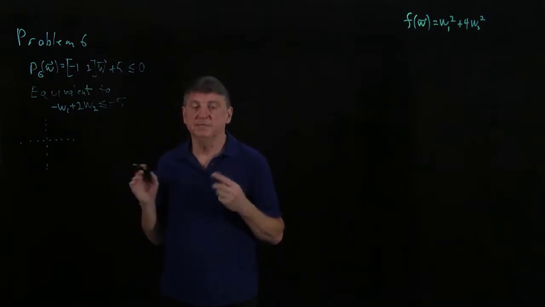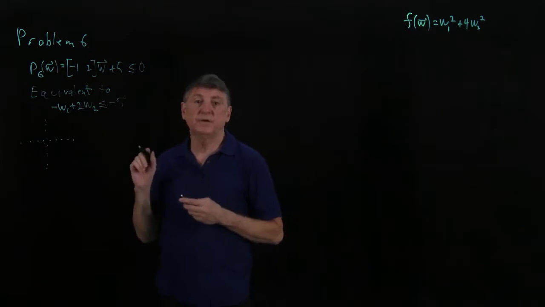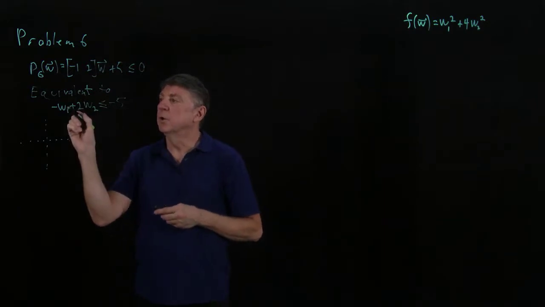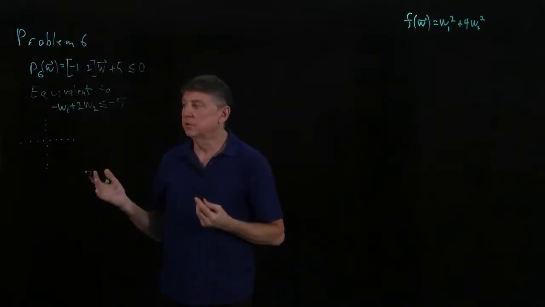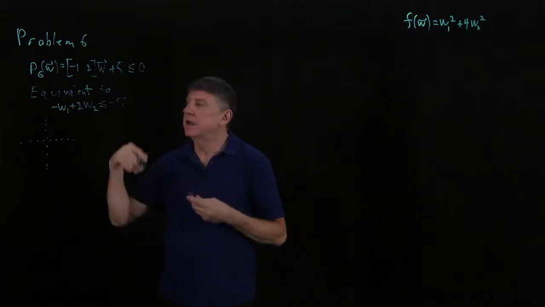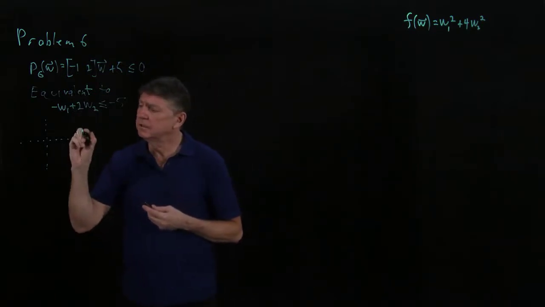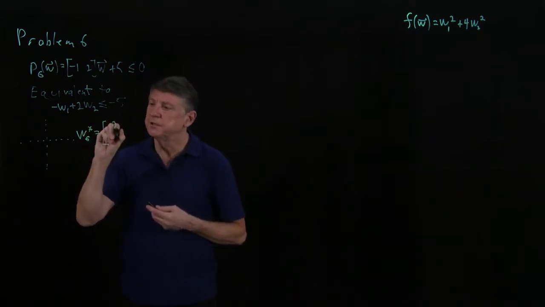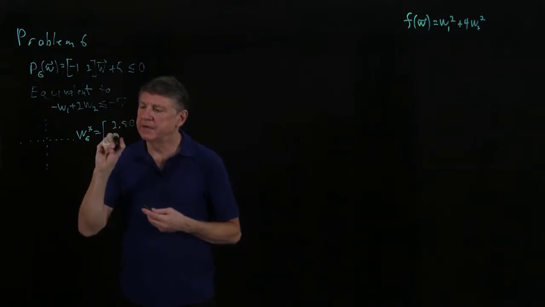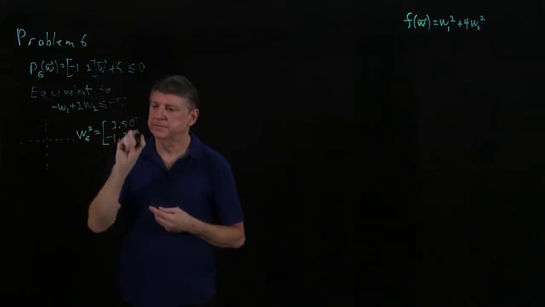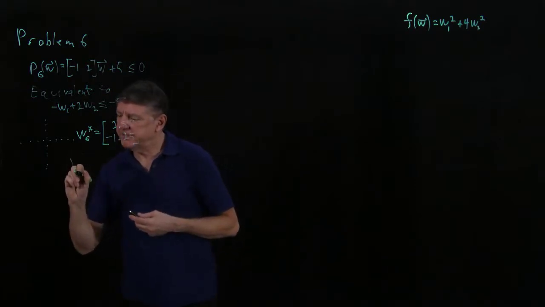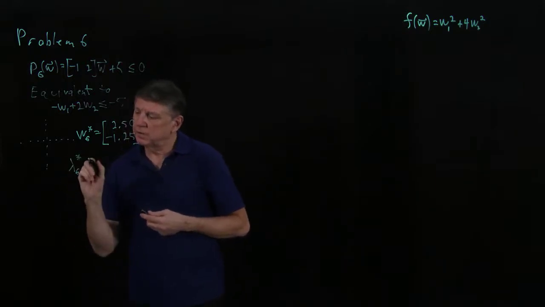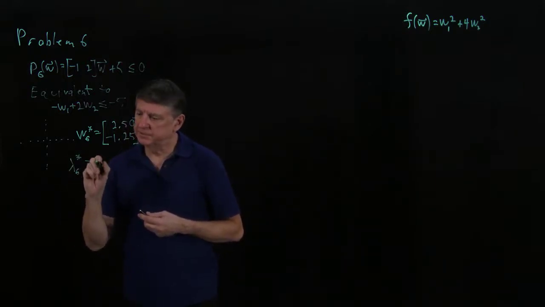If the constraint is active, then the solution is a boundary point on the constraint, and a boundary point means we set that to equal, and so we solve this using the primal or dual method, and what we get is a solution for problem number 6, which is 2.5, minus 1.25. And the implication of that is that when we solve that equality problem, our Lagrange multiplier is plus 5.